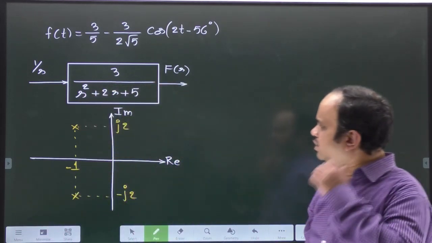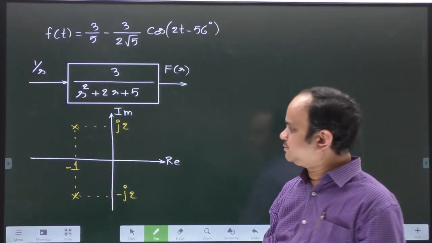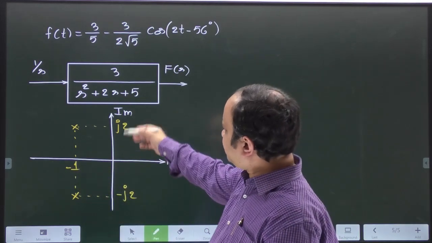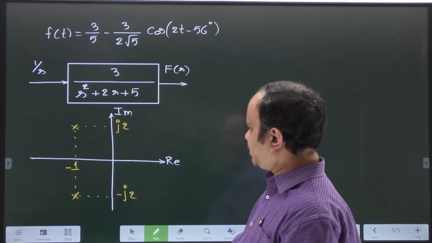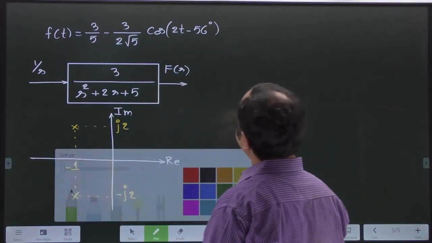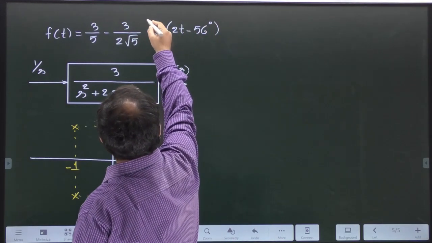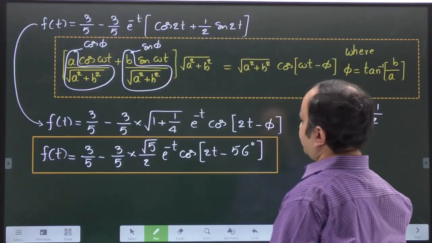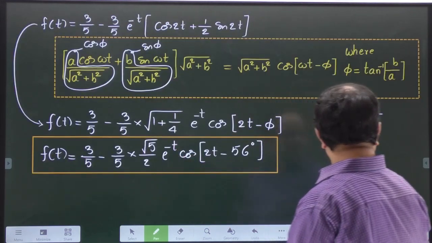So the location of these complex roots has a real part of minus 1 and imaginary part plus j2, minus j2. I am sorry, here one term is missed. In this case e power minus t is also there.